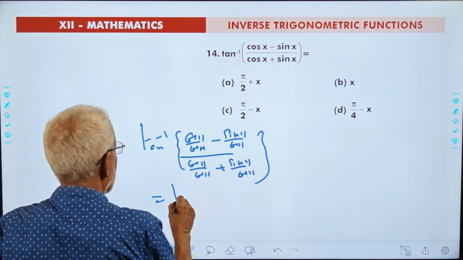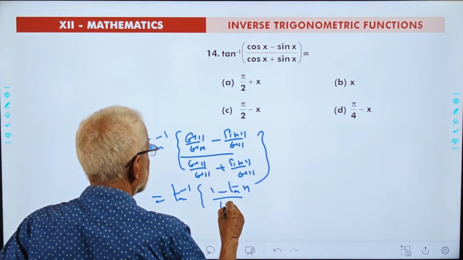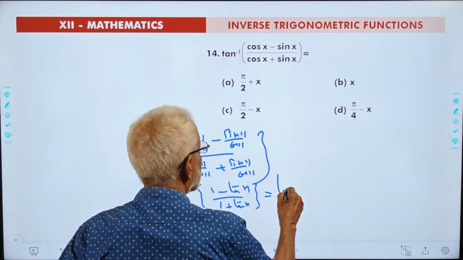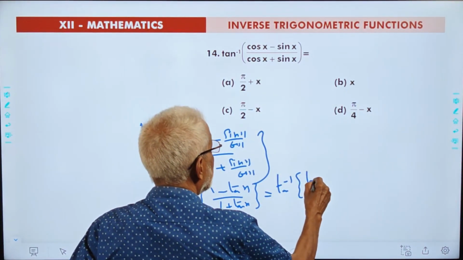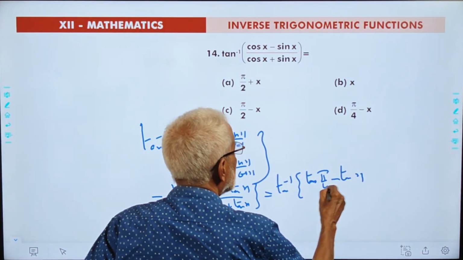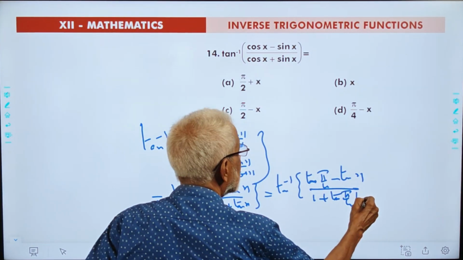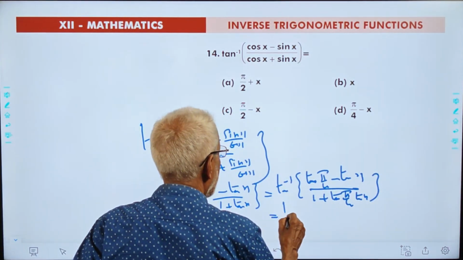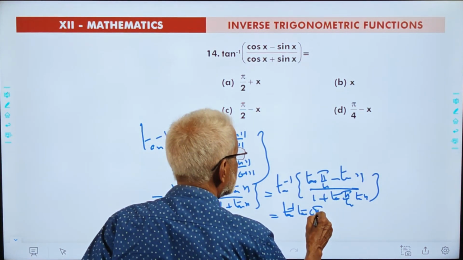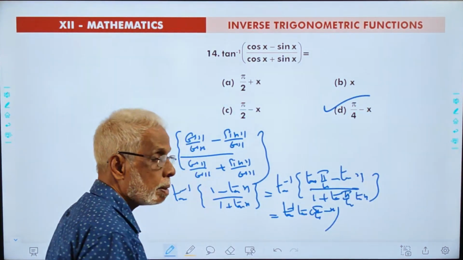That is tan inverse 1 minus tan x by 1 plus tan x, which can be written as tan inverse of tan pi by 4 minus tan x divided by 1 plus tan pi by 4 into tan x. That is tan inverse tan of pi by 4 minus x. The correct answer is pi by 4 minus x.